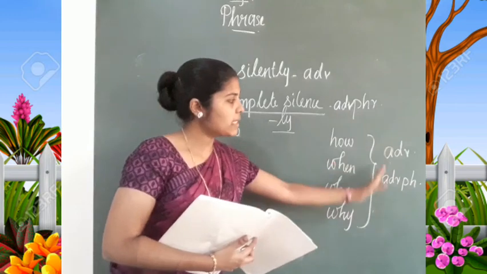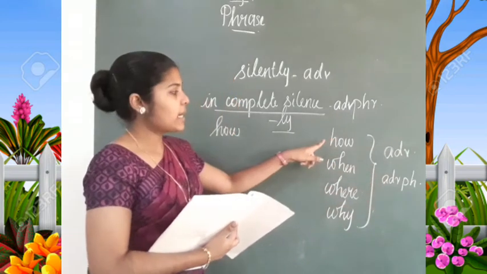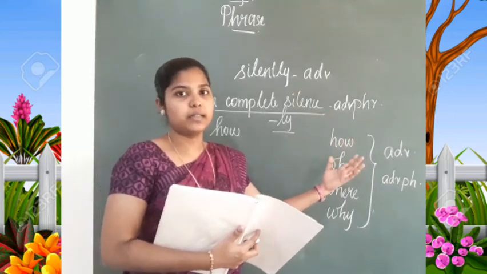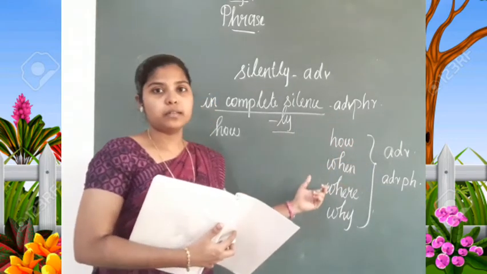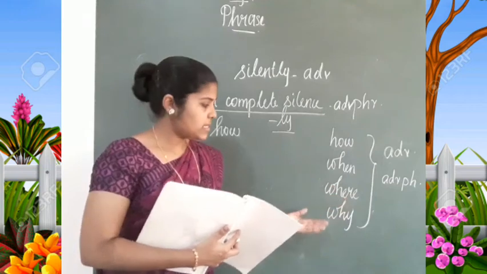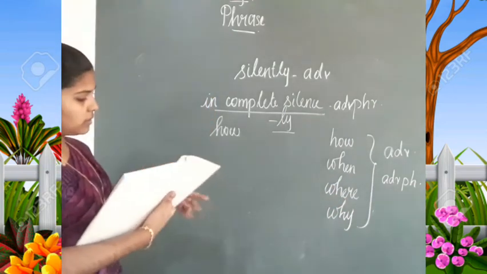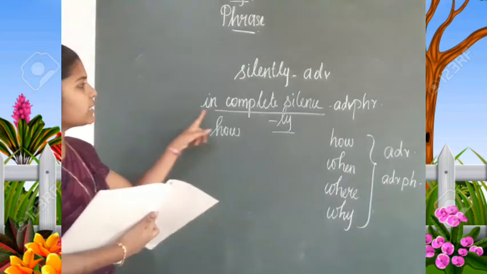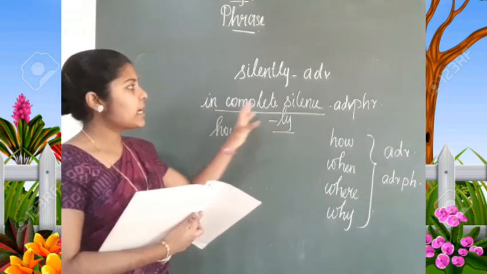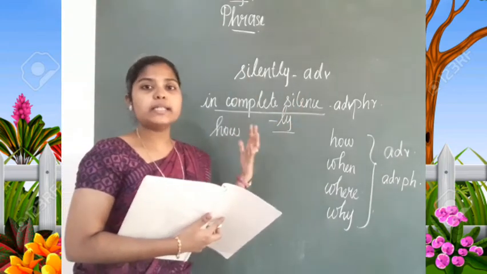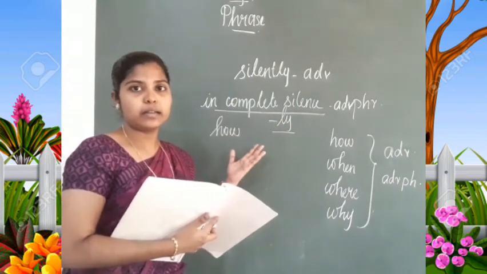It answers the question how something happened, how that particular action was done, how, when, where and why. Here, he sat in the car in complete silence. So in complete silence answers the question how he sat inside that car.